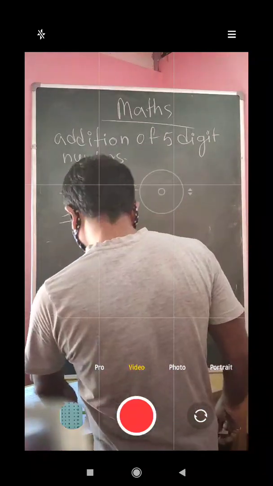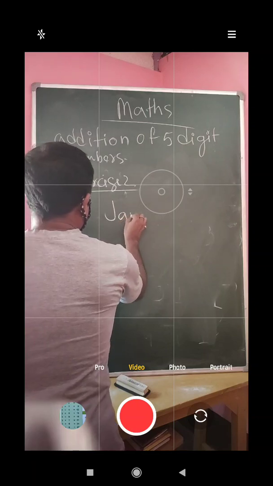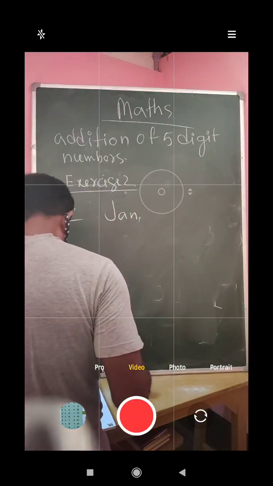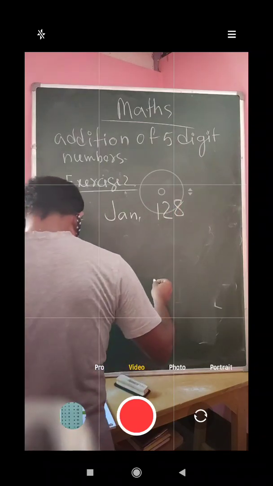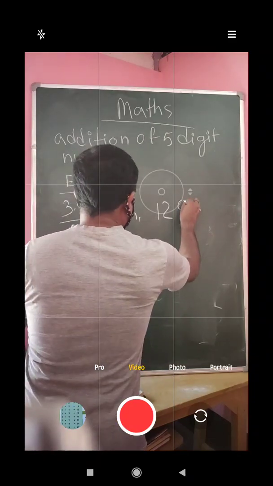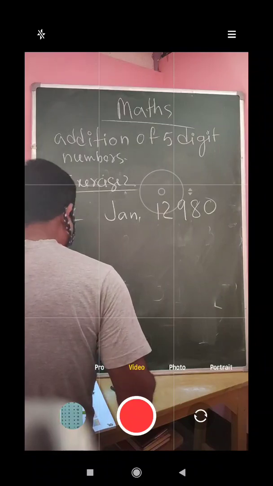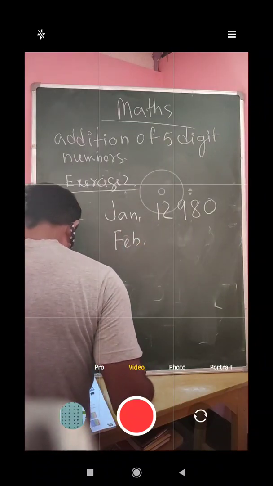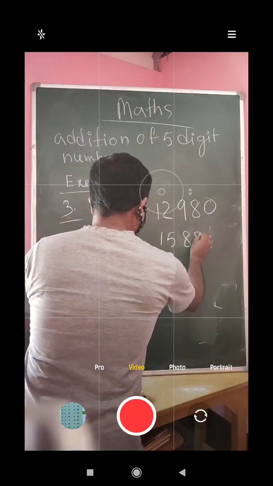So we will write January 12,980, and in February, F-E-B, February, it is 15,880.